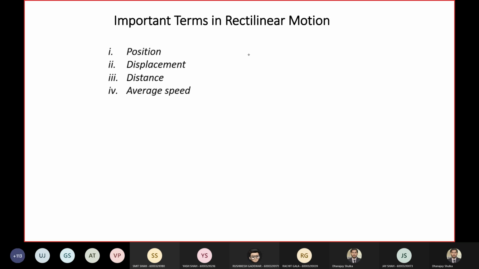You can write in general: average speed is equal to total distance upon time. Suppose in the previous example, the triangle I took with A, B and C, this was 4 meter, this was 3 meter, and it was 5.